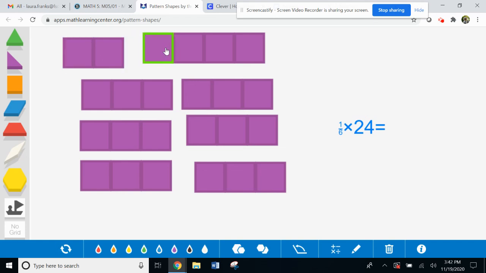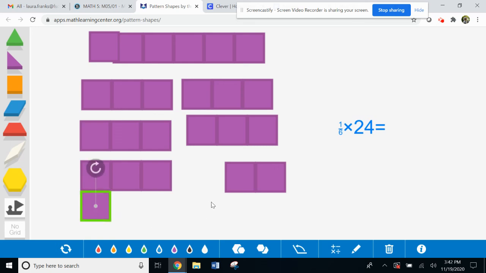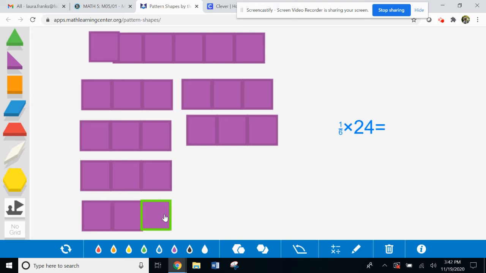I already have 4 rows here. So I'm going to take some of these. They keep wanting to go together. Some of these groups, once they get close to each other, it's like a magnet. 1, 2, 3, 4, 5.